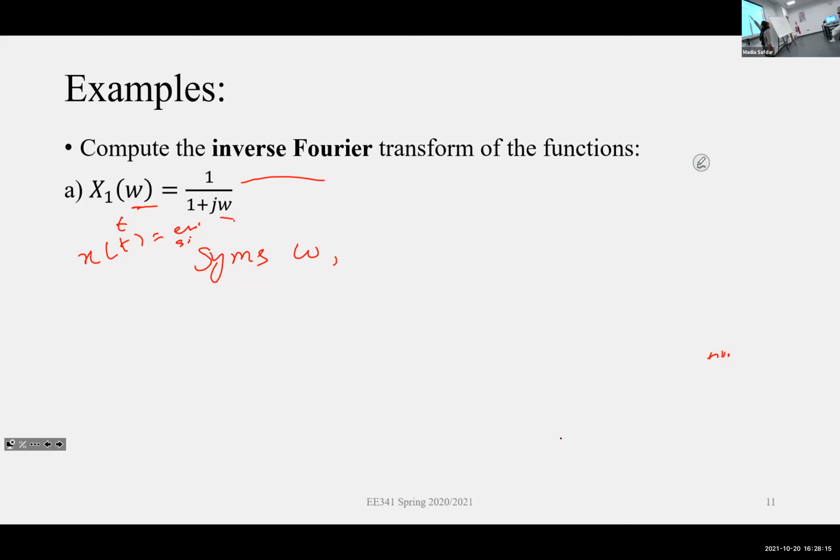The steps are the same. You will define the function. For example, x is equal to 1 divided by 1 plus j times omega, which is written in MATLAB as 1 over 1 plus i times omega, and then inverse Fourier, ifourier of this x with, now what will I write here?